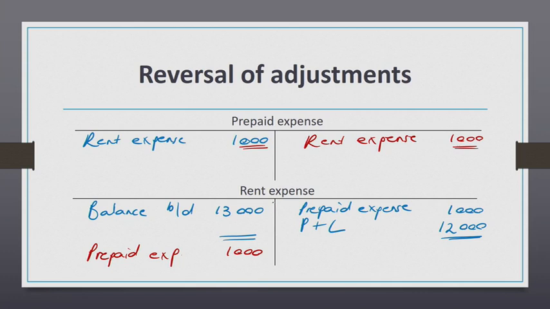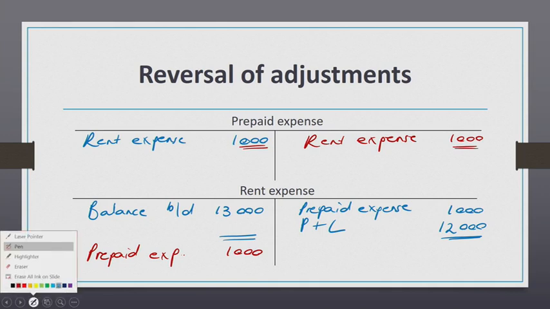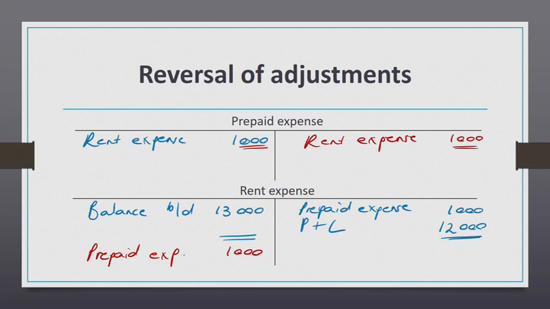The beginning of the next financial year, there's already 1,000 rand on the debit side of rent expense, meaning that we've already paid that. We did not pay it now, so it's not as if we paid it bank there, but it was from the previous year. So that is just to explain the reversal of adjustments.